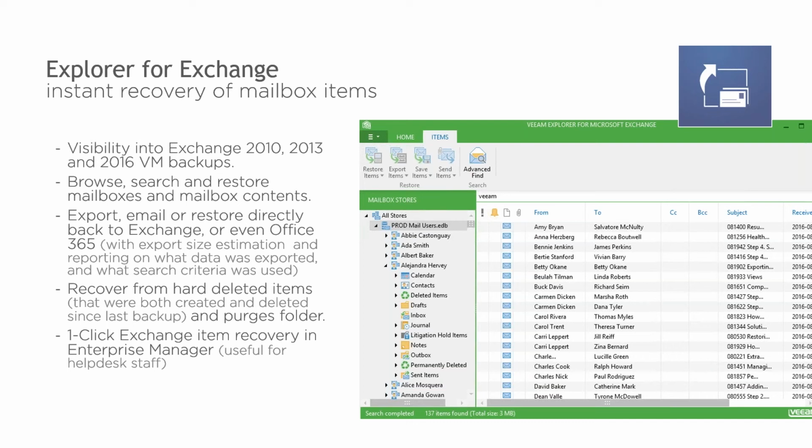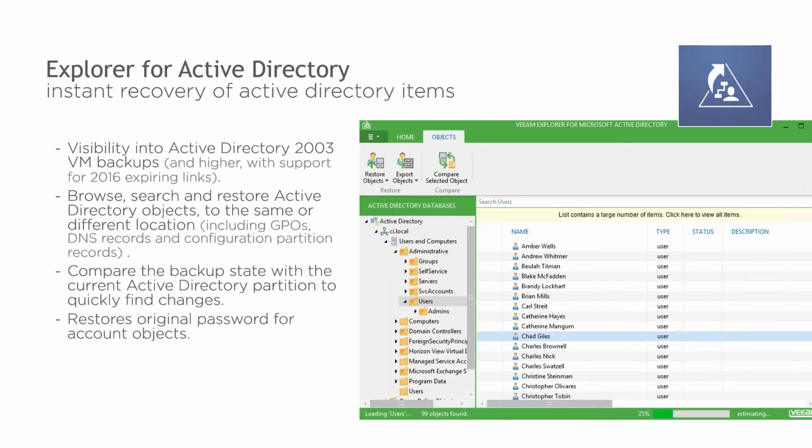Our second Explorer is our Explorer for Active Directory. Again, in exactly the same way as we did with Exchange, you right-click and restore Active Directory objects. That will open up the ntds.dit file, which is your Active Directory database, and allow you to browse through your Active Directory. You can now restore any security objects, so that's users and computers, and it restores those with their security intact.